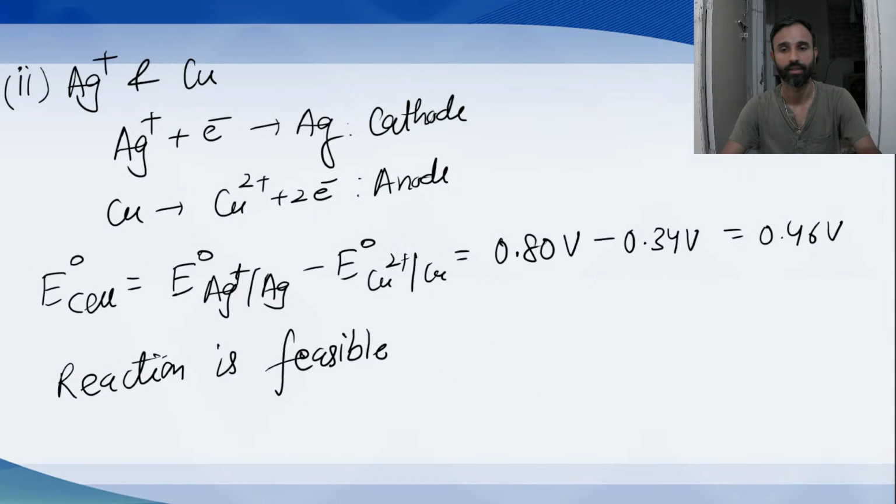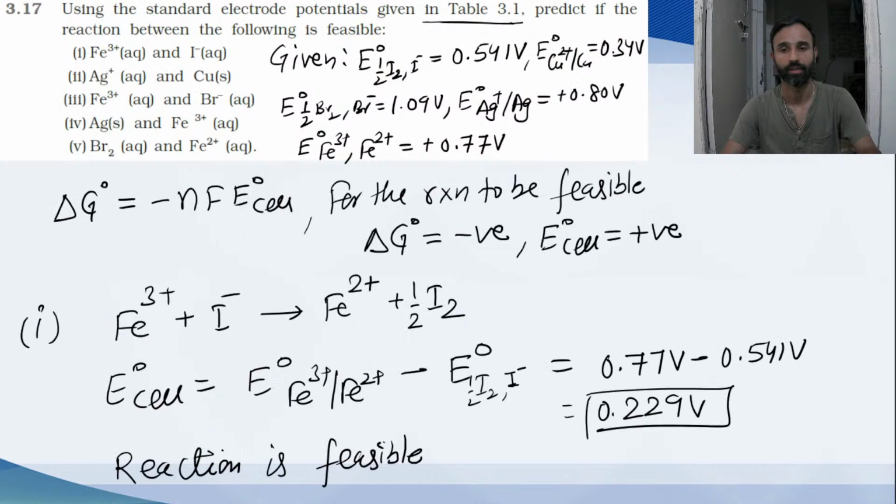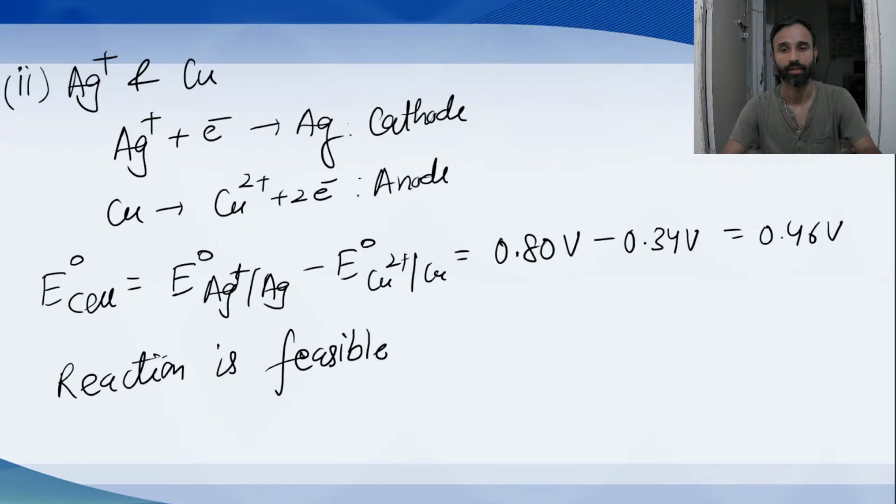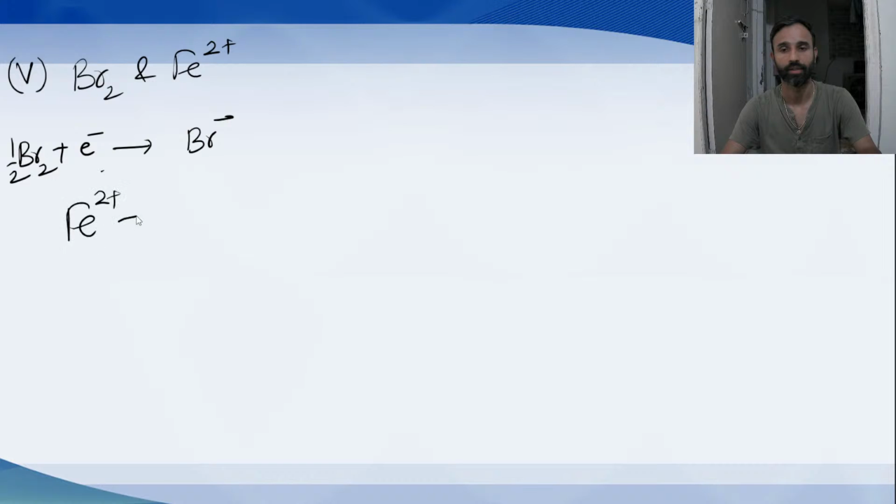Now fifth one. Fifth pair is Br2, Fe2+. So Br2 is converted into Br negative, so it will gain electron, and Fe2+.